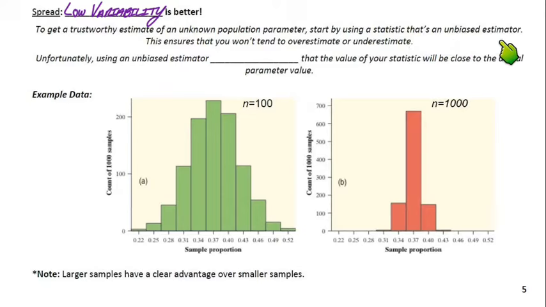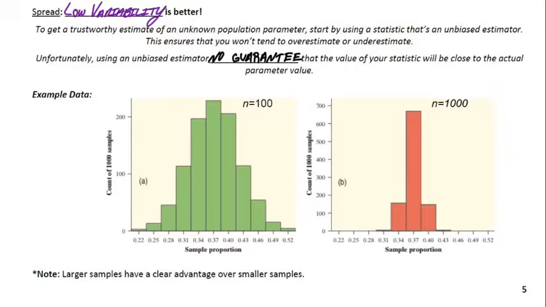Great job. So that's centered exactly where we want it, over the true population parameter. This ensures that you won't need to overestimate or underestimate. Okay, but then we can improve on that. It says, unfortunately, being an unbiased estimator is no guarantee that the value of your statistic will be close to the actual parameter value.